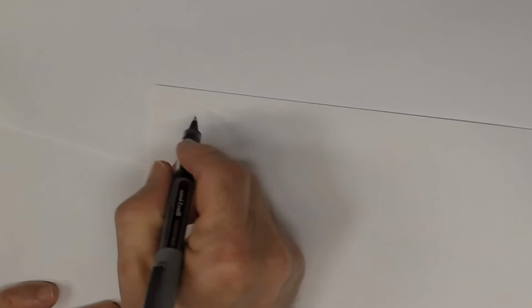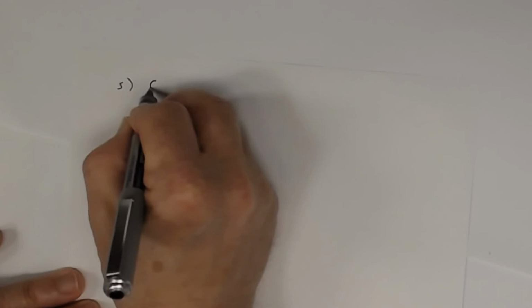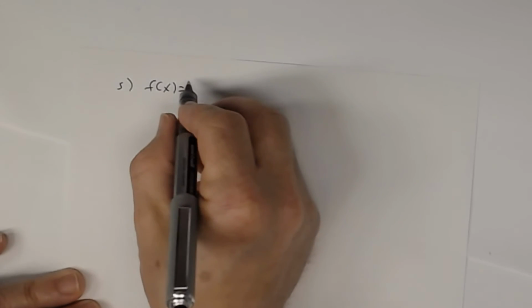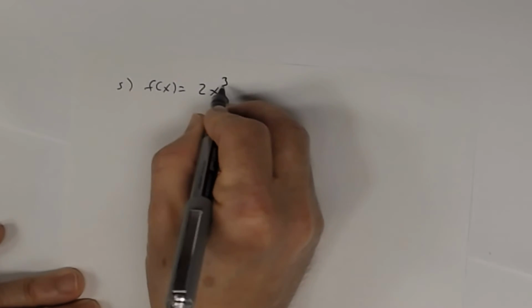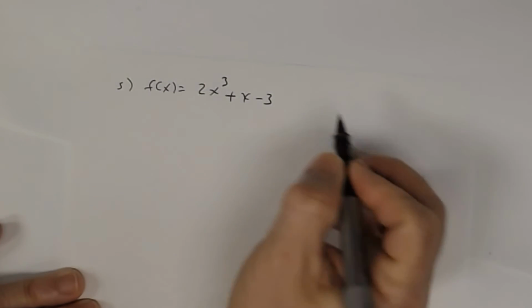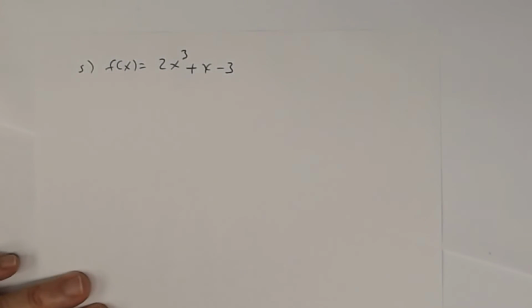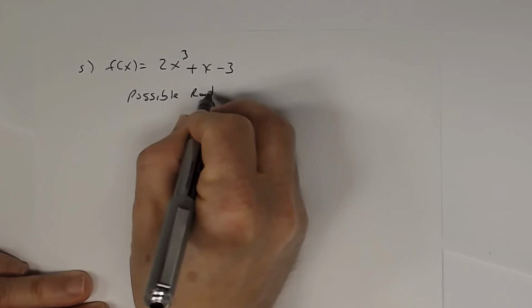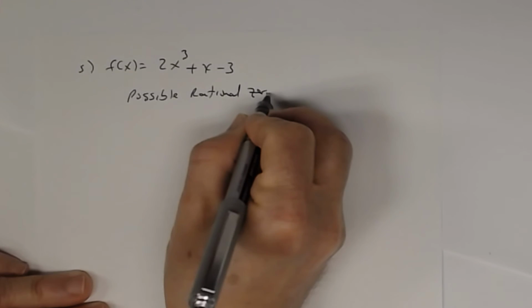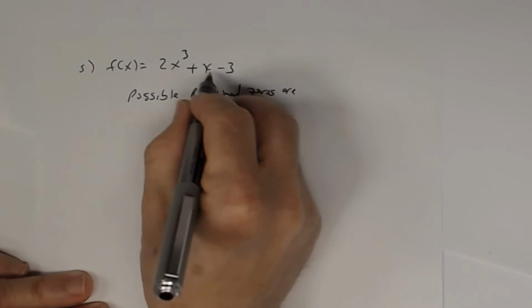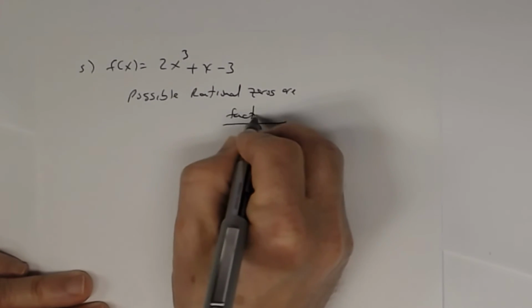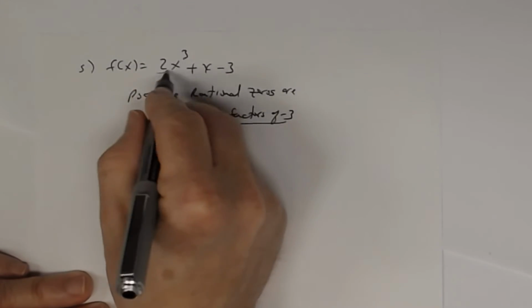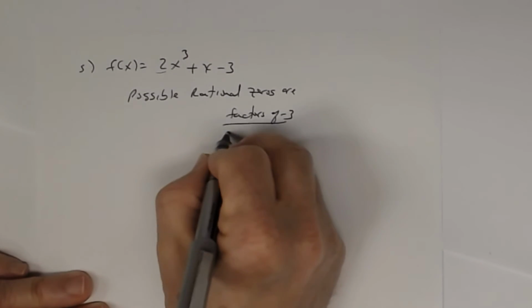All right, number 5, let's suppose we had f of x is equal to 2x cubed plus x minus 3. So your possible rational zeros are, remember, the factors of negative 3, your constant term, divided by the factors of your leading coefficient, which is 2 in this case.